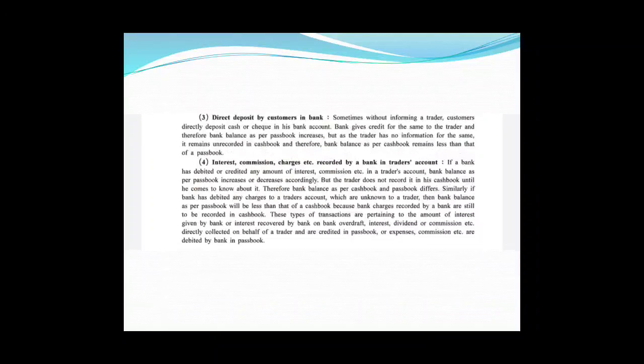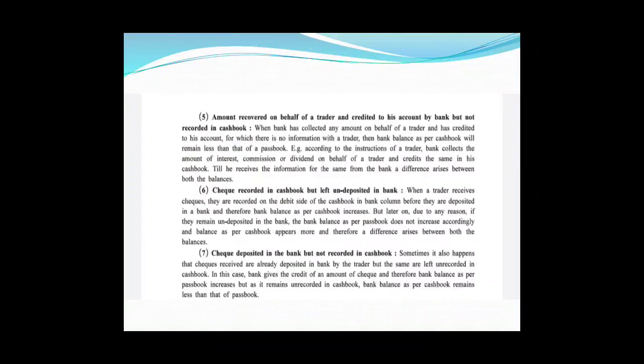Next one, amount recovered on behalf of a trader and credited to his account by bank but not recorded in cash book. When a bank has collected any amount on behalf of a trader and has credited it to his account, for which there is no information with the trader, then the bank balance as per cash book will remain less than that of the passbook.